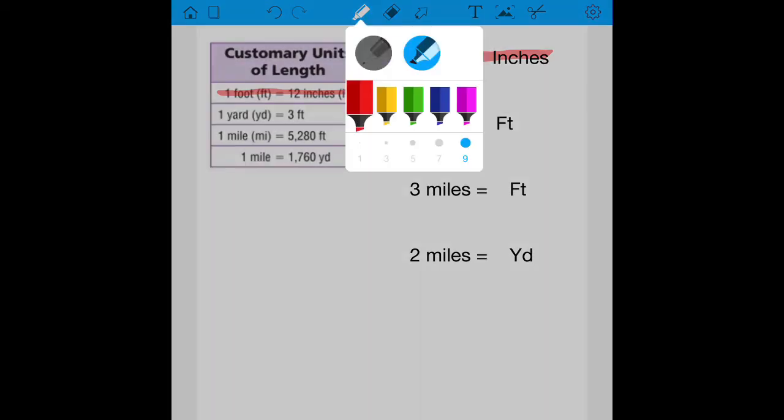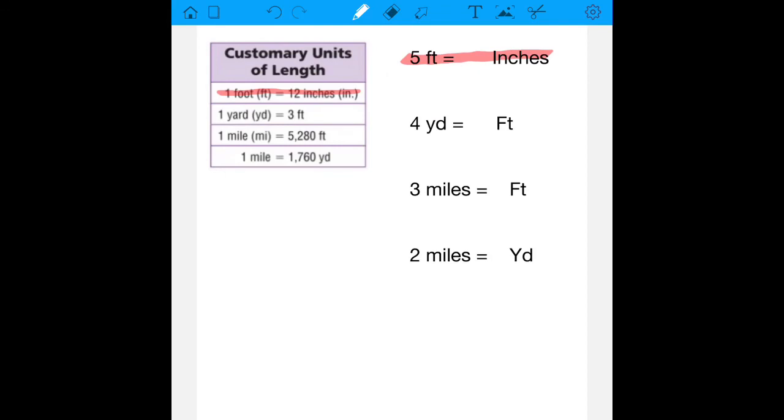It kind of seems like we're multiplying. So I'm going to multiply 5 feet, which is what we know, times 12, which is how many inches are in a foot. That equals 60 inches. So on this first problem, 5 feet equals 60 inches.